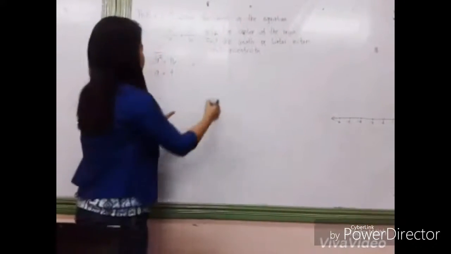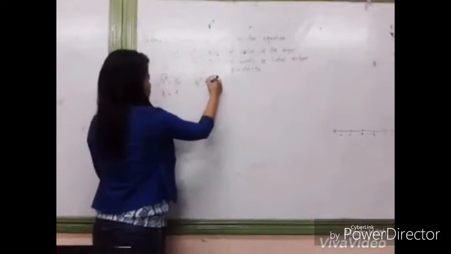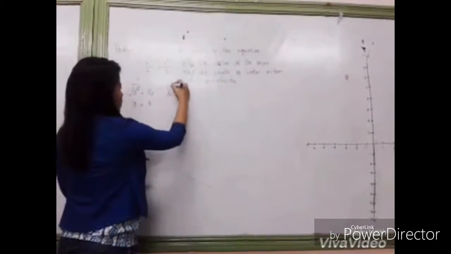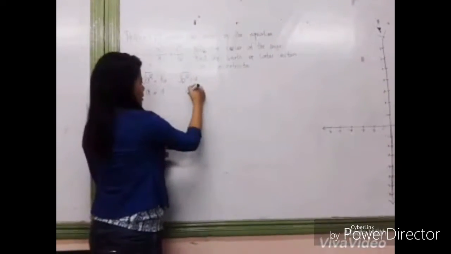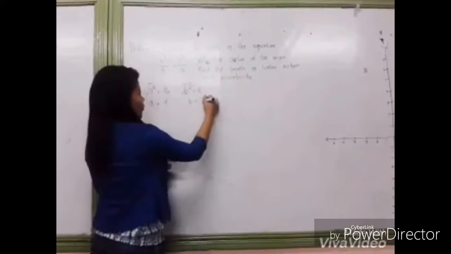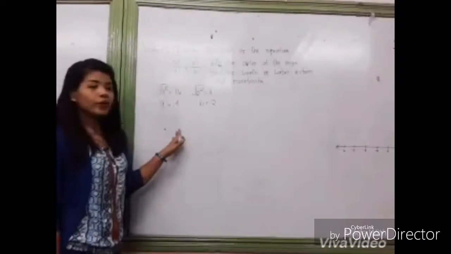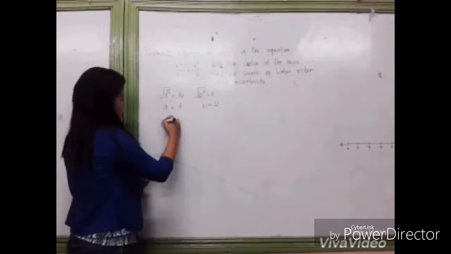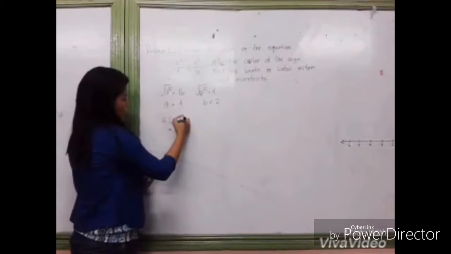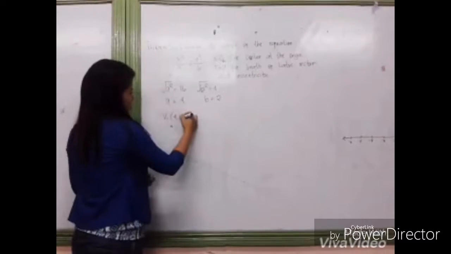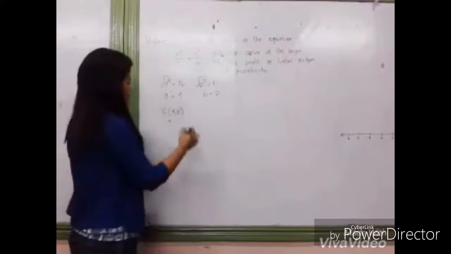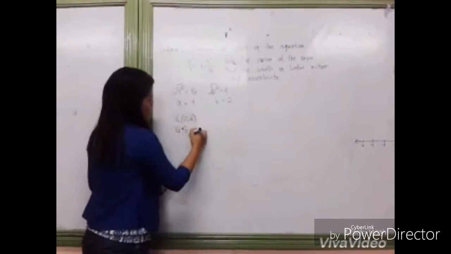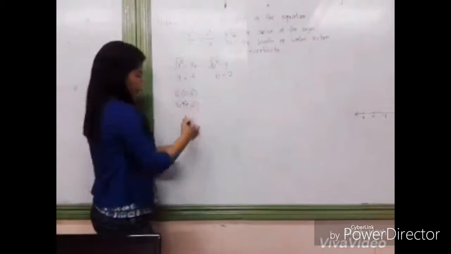Our value of b squared is 4, and taking the square root, b is equal to 2. To find our vertices, we know that a is the distance from the center. So our vertex 1 is 0, 4, and our vertex 2 is 0, negative 4.